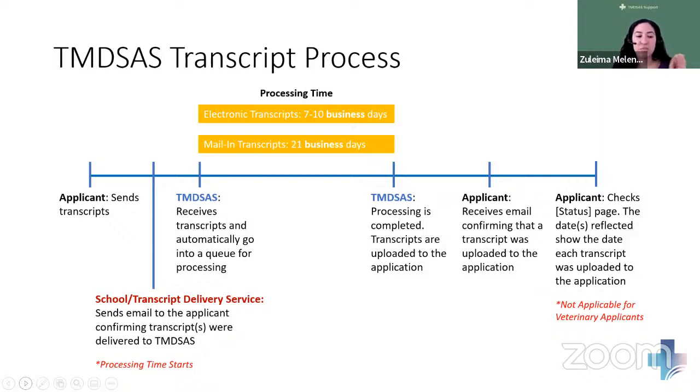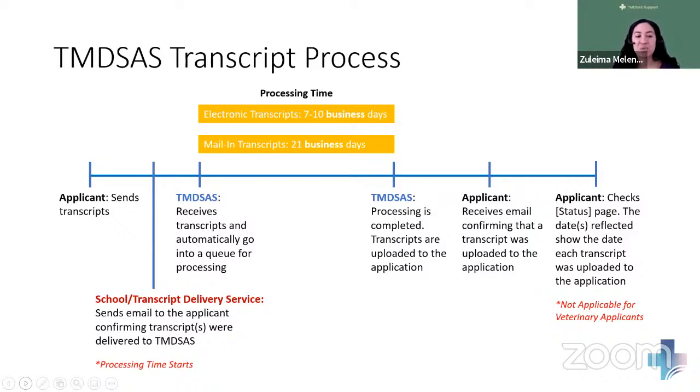Between now and then, you are most likely to receive an email confirmation from either your school or your transcript delivery service that your transcripts were indeed delivered to TMDSAS. I would highly recommend that you keep track of this email and have it with you, because at this specific point is when TMDSAS would have your transcripts, and then the processing time will begin.